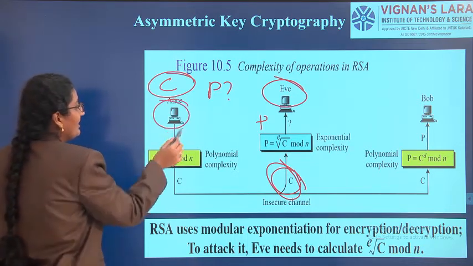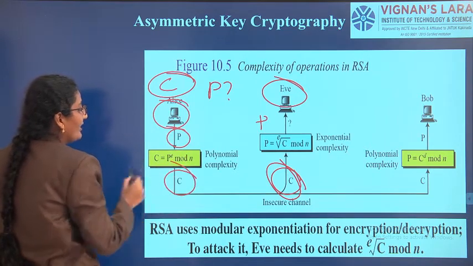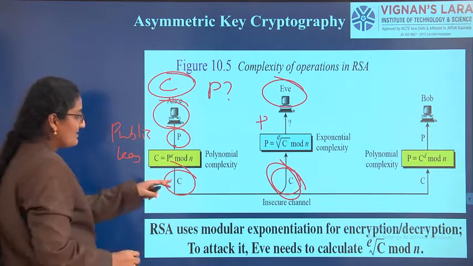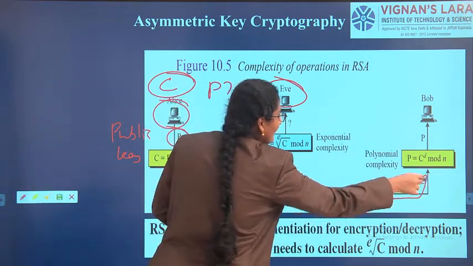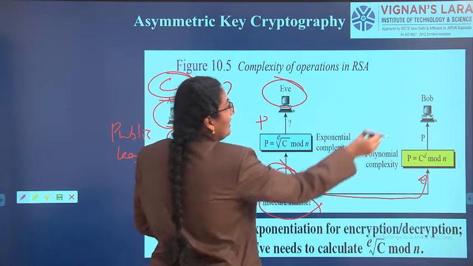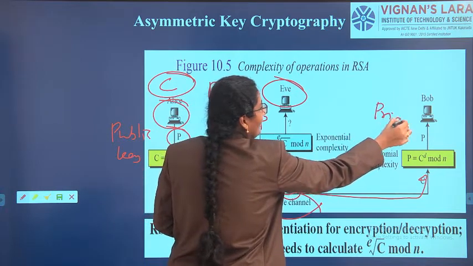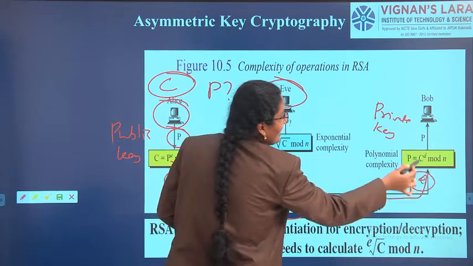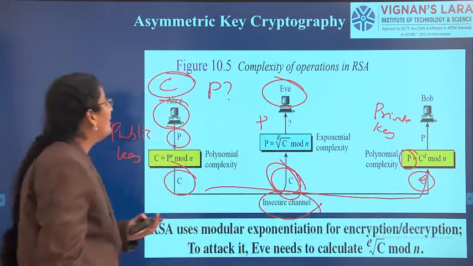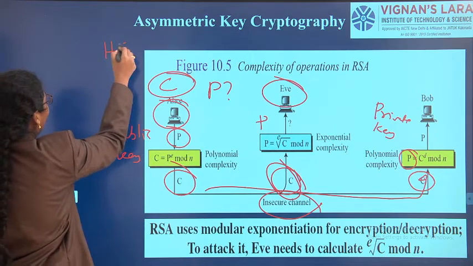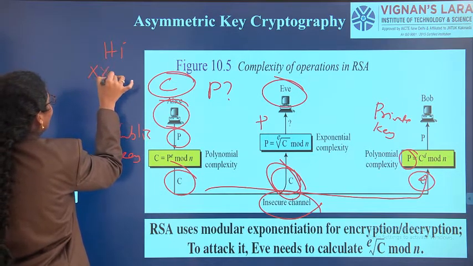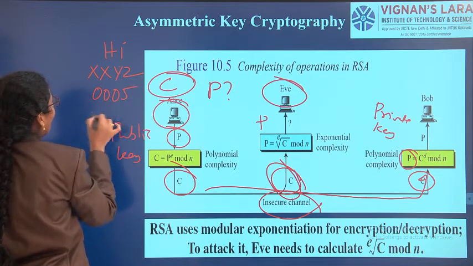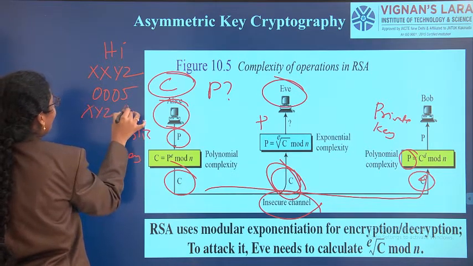Alice is the sender; she has the plain text, converts it into ciphertext, and uses the public key. This ciphertext is transferred to the receiver in an insecure channel. The receiver has the private key, so he can convert the ciphertext into plain text and read it. If my message is hi, the public key is XXYZ, hi is converted into 0005, and the private key is XYZA.